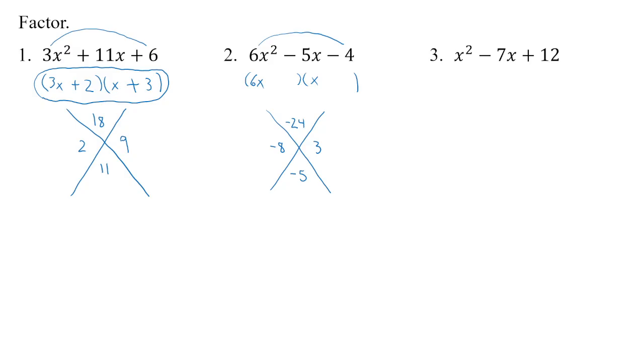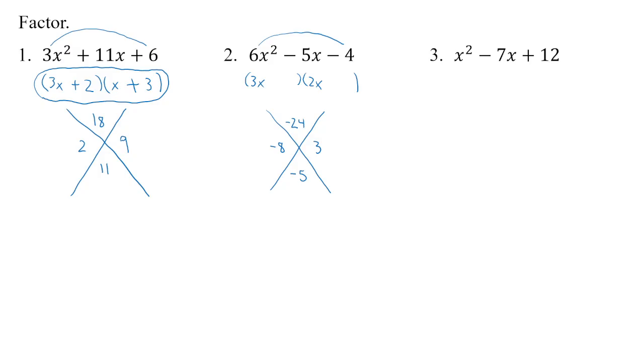When that happens, that means you are going to have to refactor 6x squared. So we'll try 3x and 2x. 3x times 2x is 6x squared. So now, those two numbers we found, the -8 and the 3, you're going to divide one of them by 3 and the other by 2.